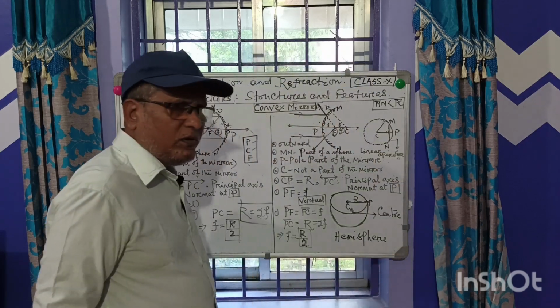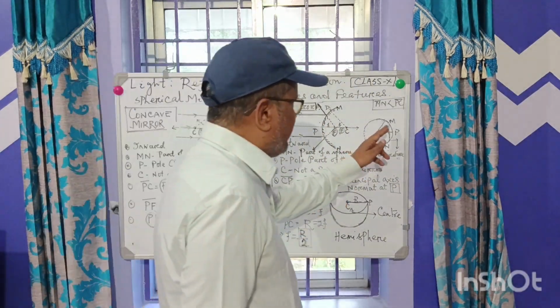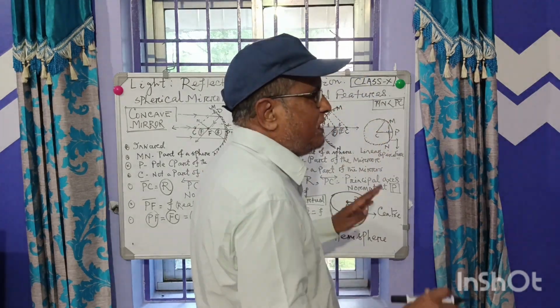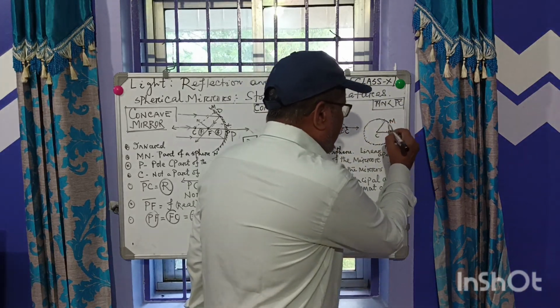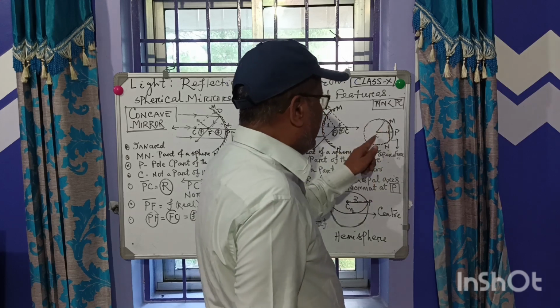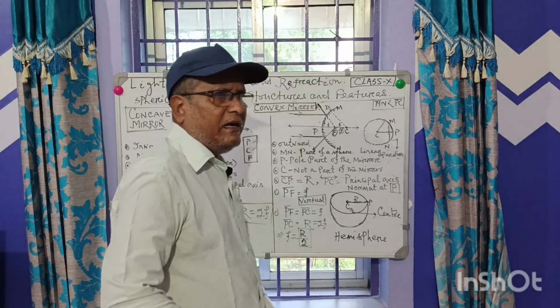As per your book, in all cases, the distance between M and N is called the linear aperture, because it is an arc and part of a circle, and MN is less than the radius of curvature.